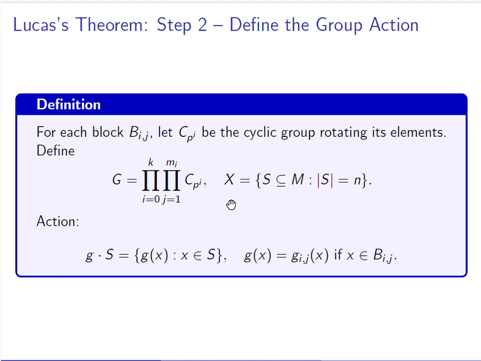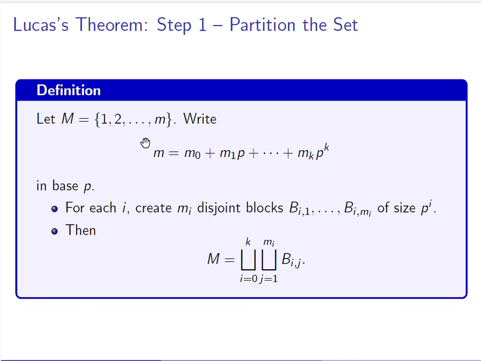Now, for each block B_ij, the i here is just counting the number of blocks. So the second component here, 1 up to m_i, is just counting the number of blocks, and i is saying that these blocks are of size p_i.